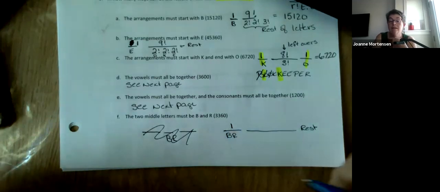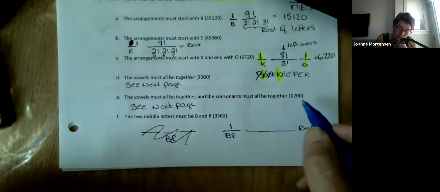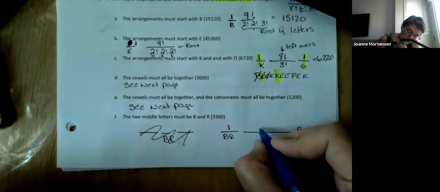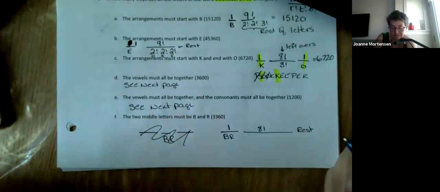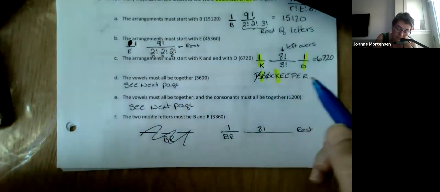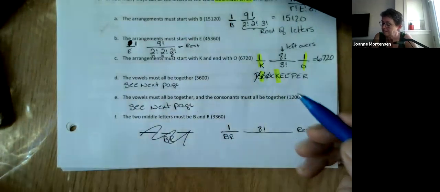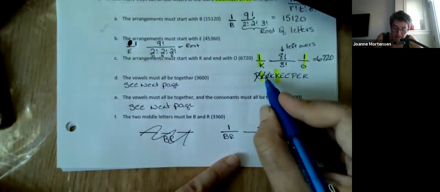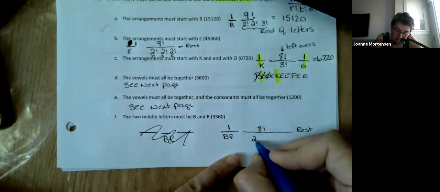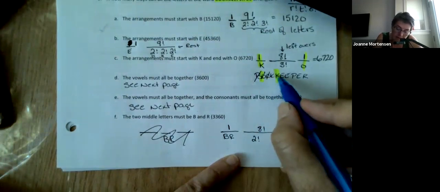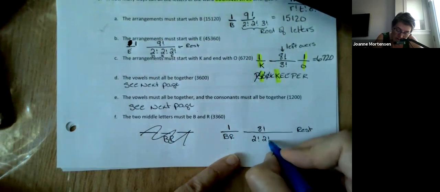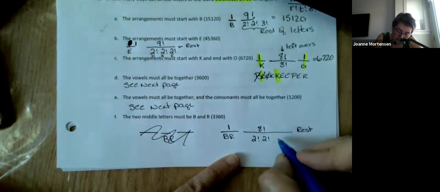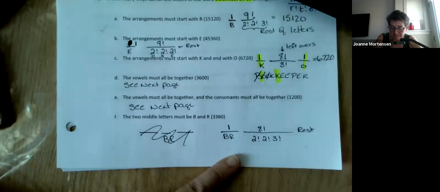There are 10 letters in the word bookkeeper, and I've used the B and the R, so it gives me 8 factorial. And then I need to worry about the O's, 2 factorial, and the K's, 2 factorial, and the 3 E's, which is 3 factorial.